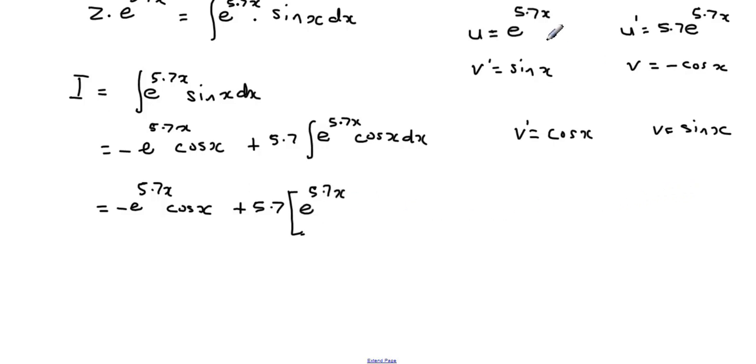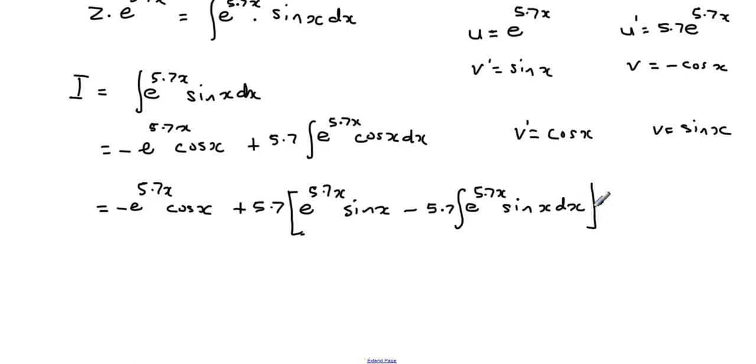Multiplying these two, you're going to get e to the power 5.7x times sine x minus 5.7 integral of e to the power 5.7x sine x dx.